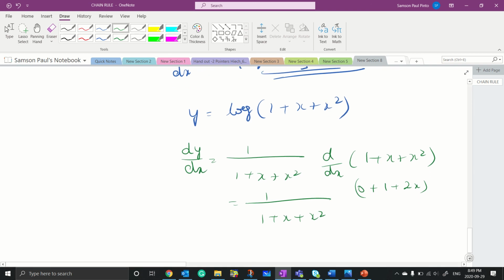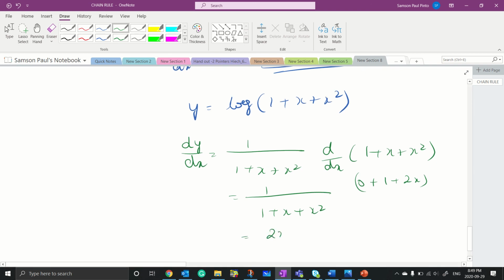Your final answer is 2x by 1 plus x square. So this is a direct method.